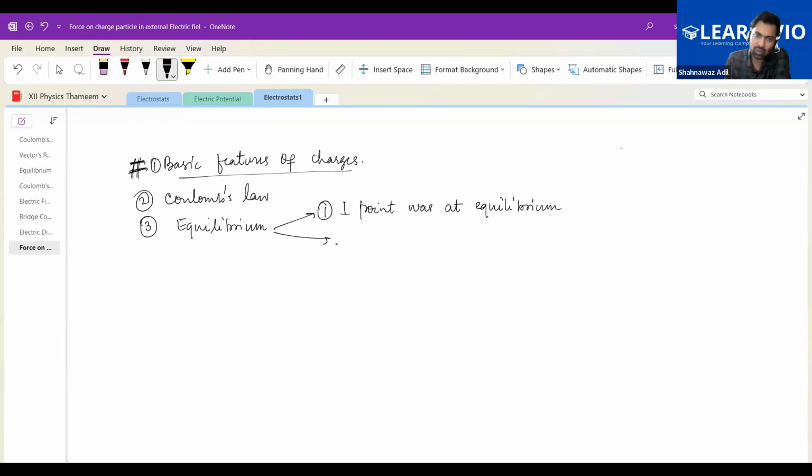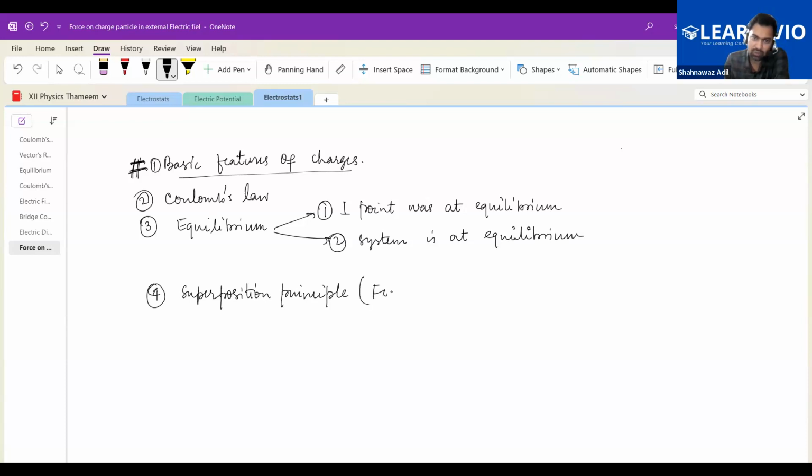The second equilibrium that we have done is that the system is at equilibrium. And then the fourth thing that we understood was the superposition principle, and this was for the Coulomb force.